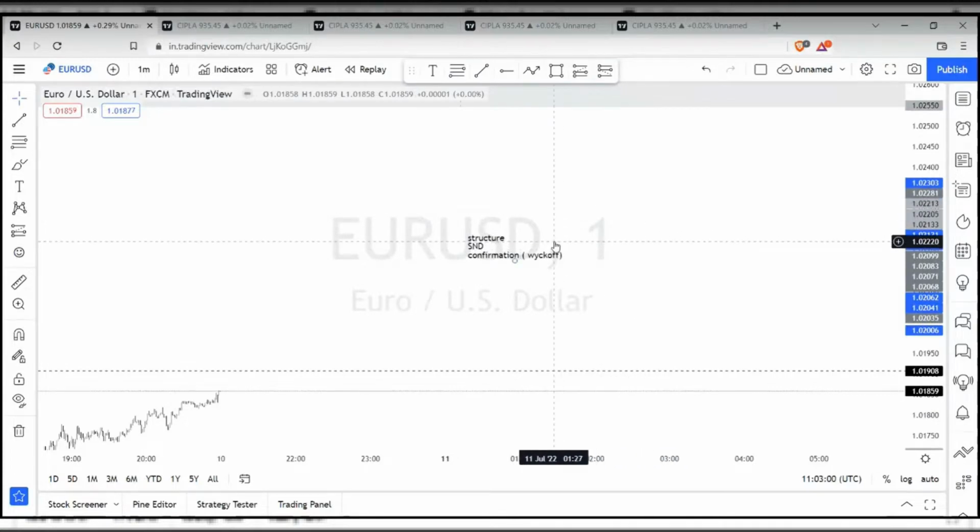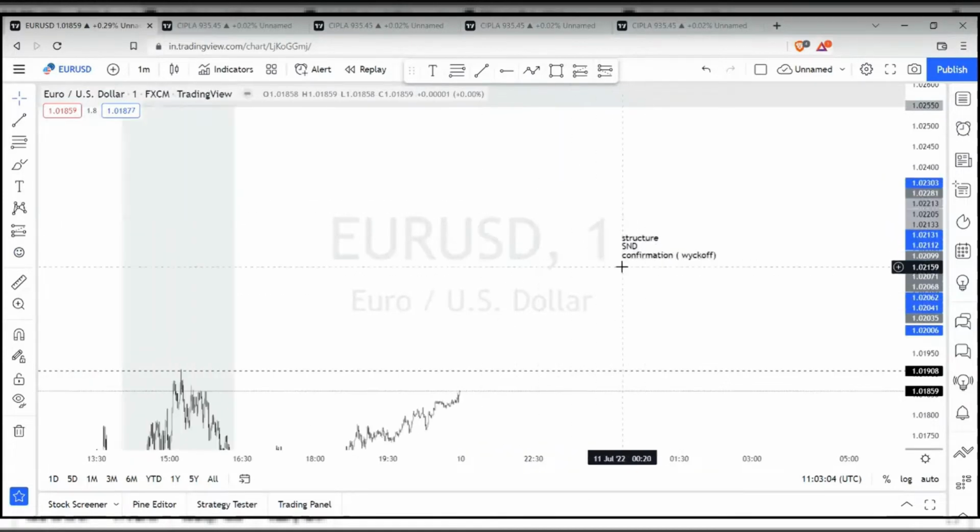And a few months ago, I did the same for USD JPY as well. So swing trading becomes very easy when you understand the structure. I'm going to show you that with the chart itself. And when you understand the structure, then you want to find your supply and demand zones. Then we wait for price to come to those areas of interest, and then we get involved with confirmation.